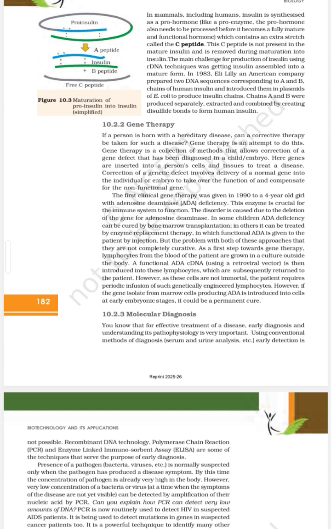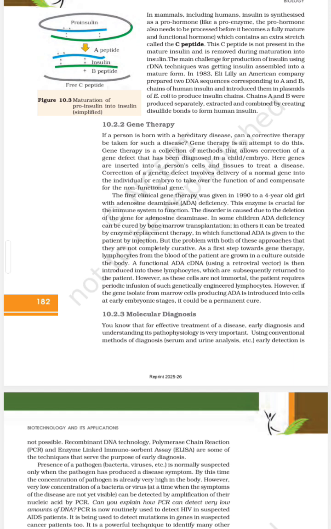So, how was it done? The lymphocytes from the patient's body were taken out, and they were grown in a culture outside, in vitro. Okay, in a culture outside the body of the patient. A functional ADA, that is adenosine deaminase complementary DNA, was introduced using a retroviral vector into these lymphocytes.